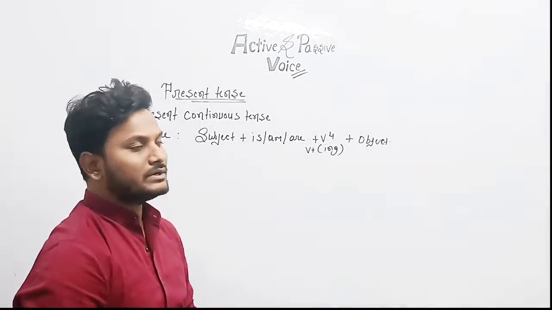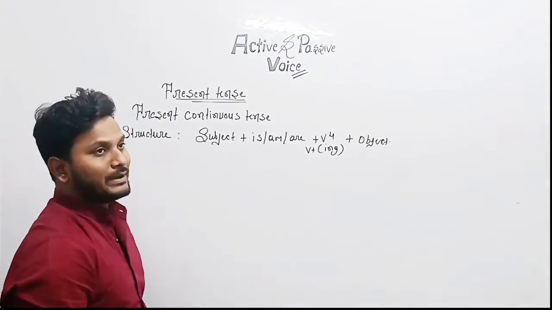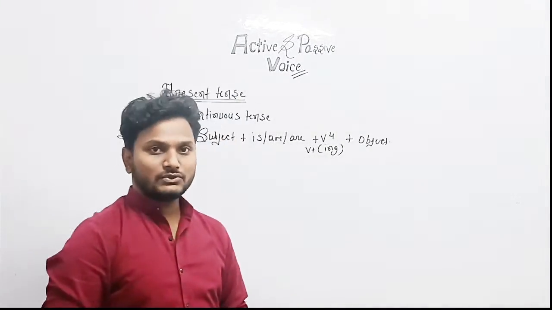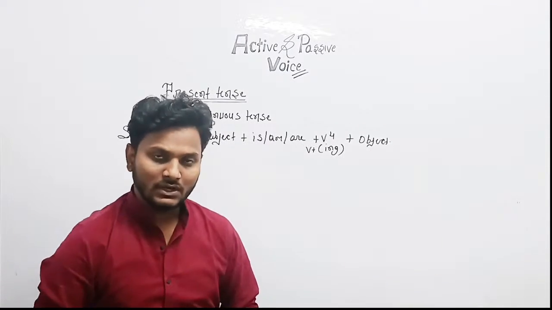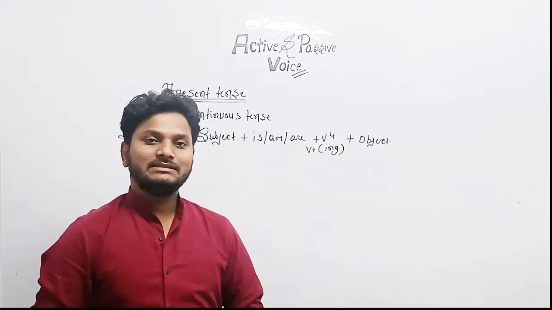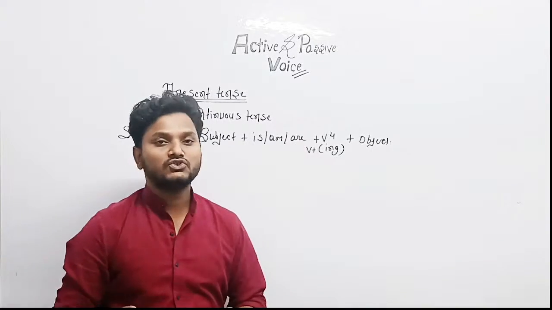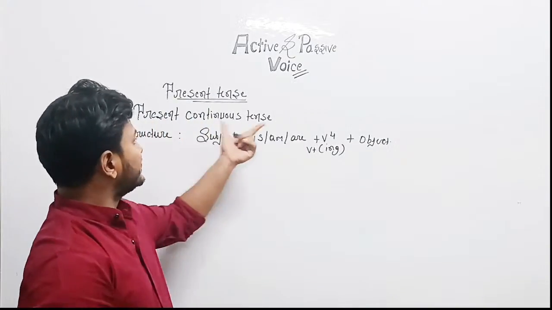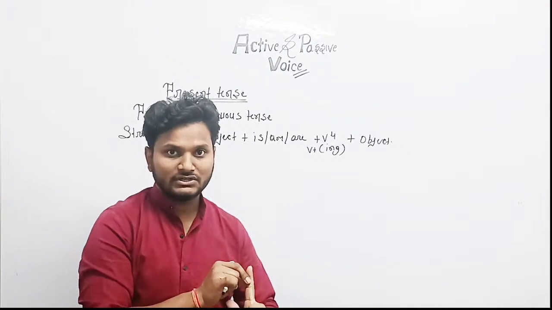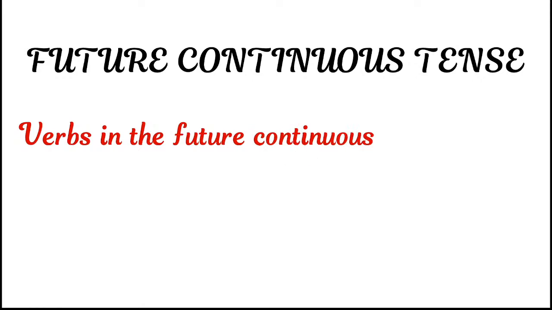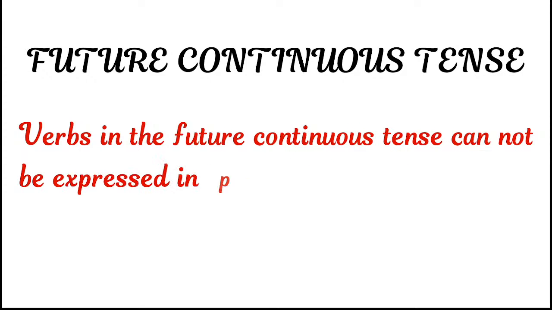Now how can we convert present continuous tense into passive voice? The first thing you have to understand, whenever we talk about any continuous tense, present continuous tense or past continuous tense, not future continuous tense, because verbs in future continuous tense cannot be expressed in passive voice.